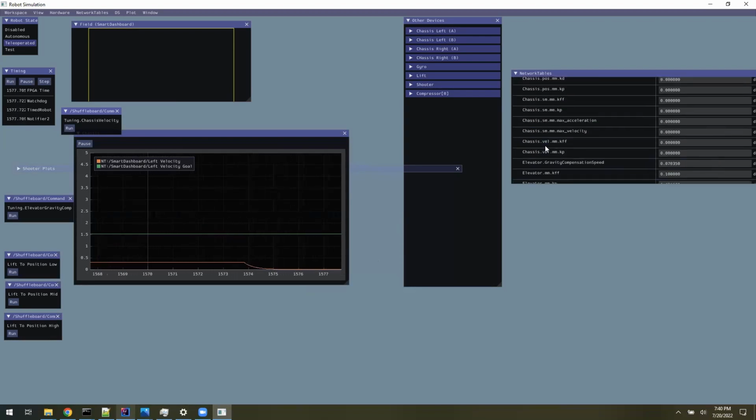So there should be a chassis velocity KFF. Always easy to start at a nice round number. Okay, so what do I got to do? Lower it. We'll do a tenth this time, see what that does.